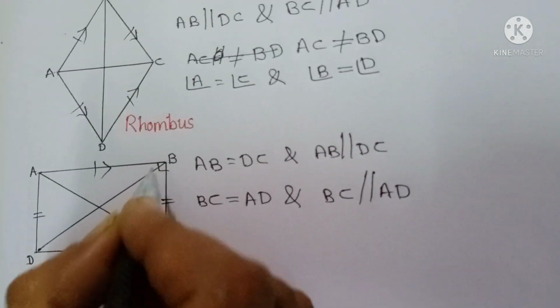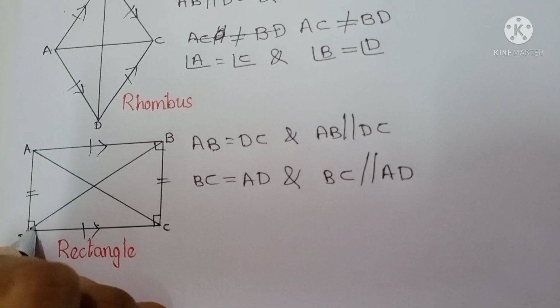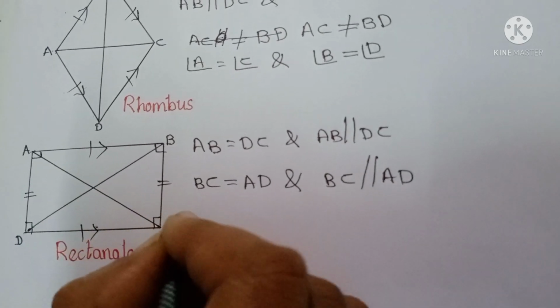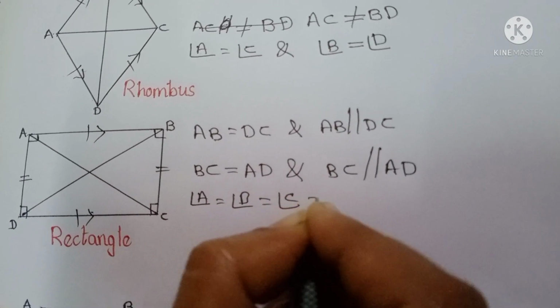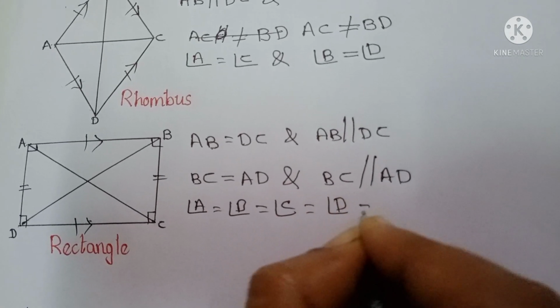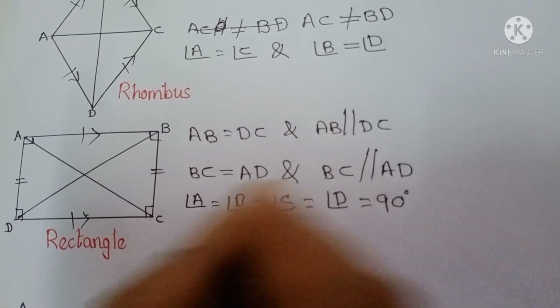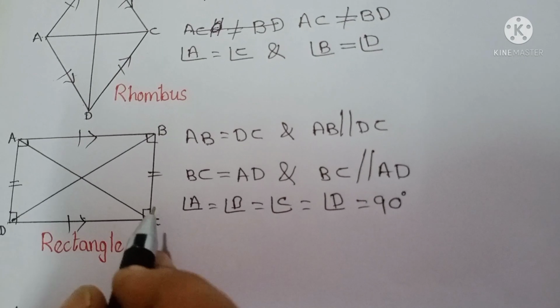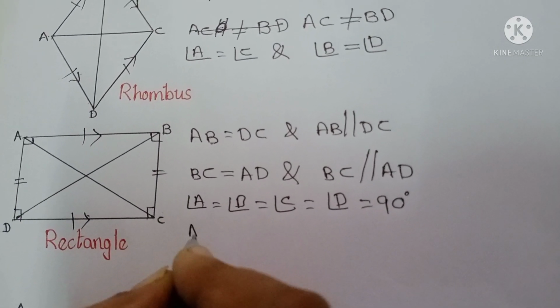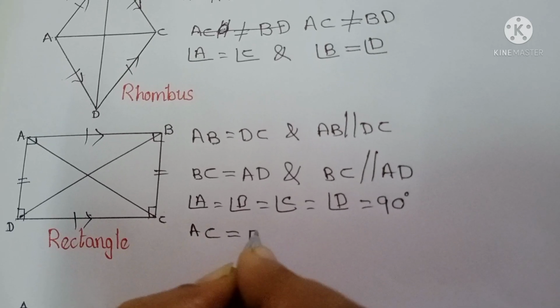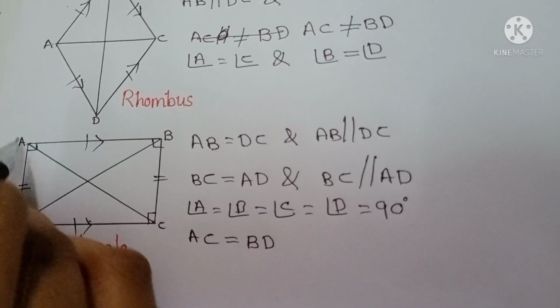And all vertex angles are 90 degrees. Angle A is equal to angle B is equal to angle C is equal to angle D is equal to 90 degrees in a rectangle. And diagonals are equal. AC is equal to BD.